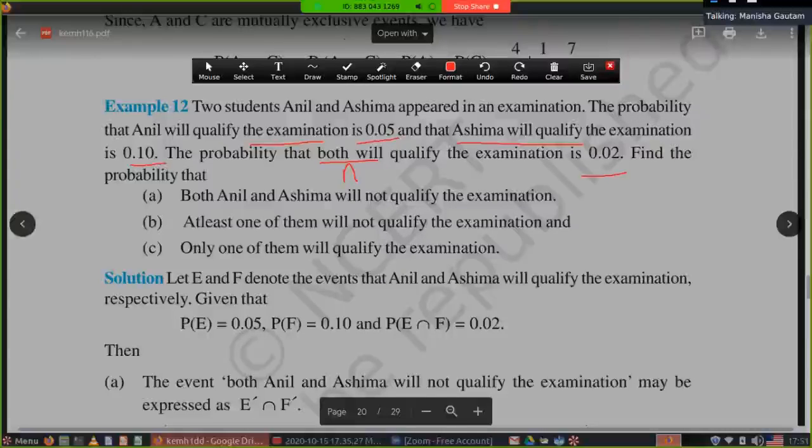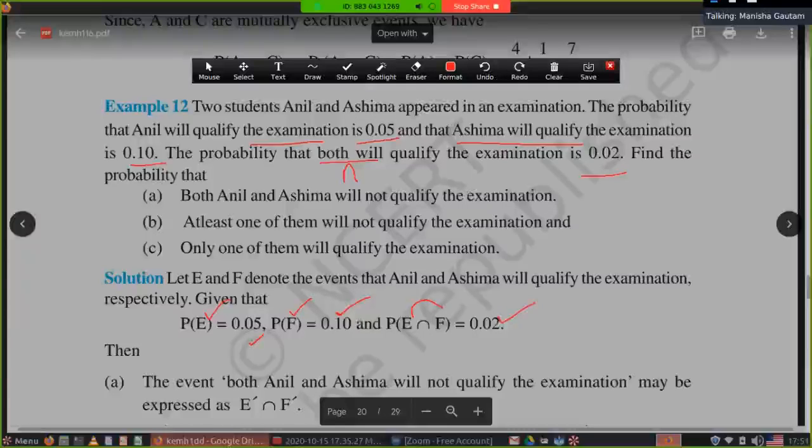If I take Anil as E and Ashima as F, then the probability of E is 0.05, the probability of F is 0.10, and both means the intersection of these two, 0.02.